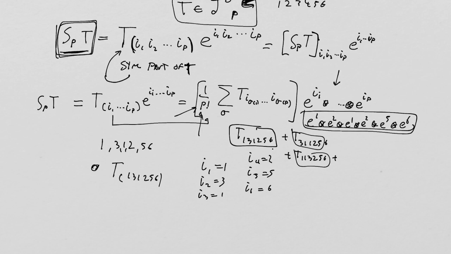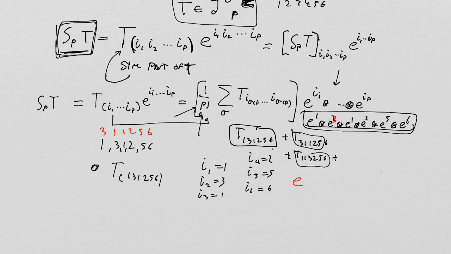Now, if I switch it and do it for 3, 1, 1, 2, 5, 6, a simple permutation of this, I'm going to end up with the exact same component, but the basis vector is going to now be, well, I guess this should have been a 3 to begin with, right?